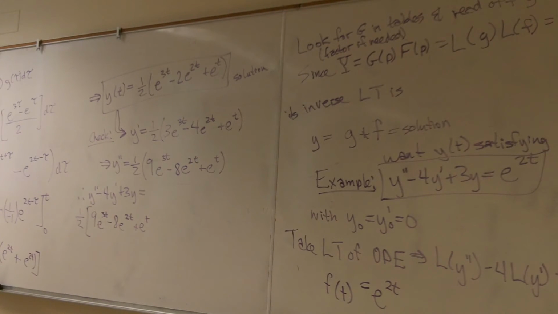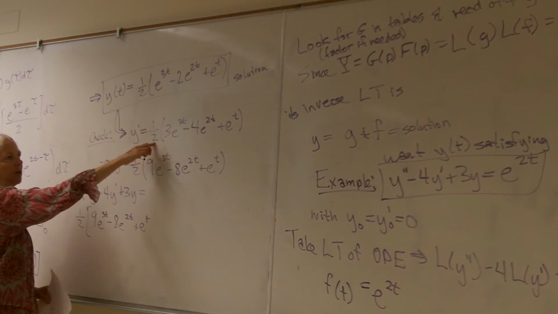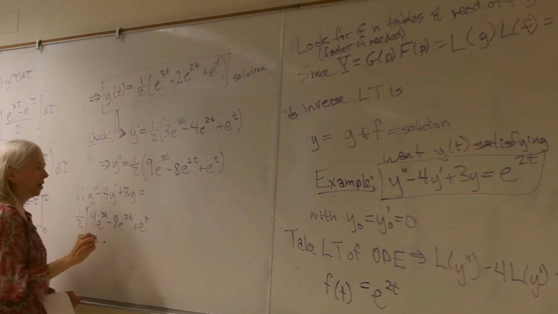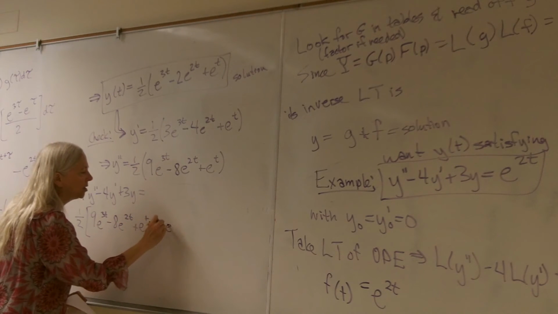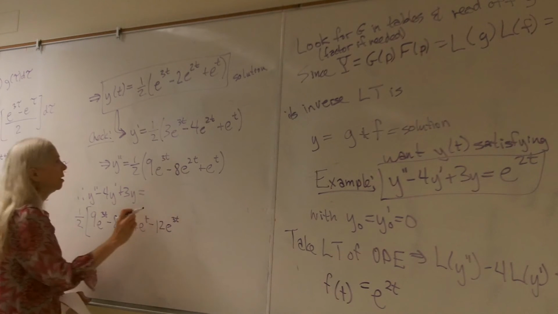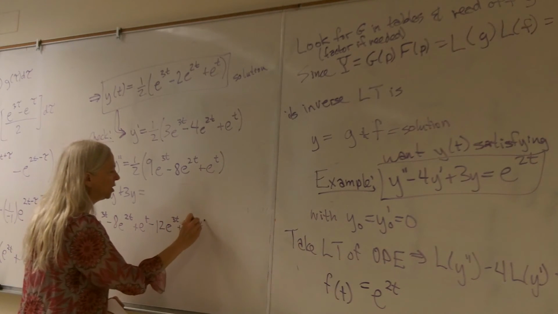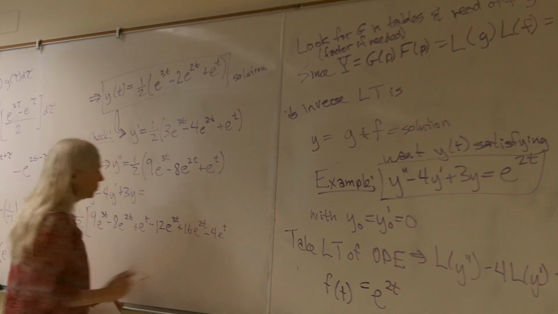And then we have minus 4 times y prime. So minus 4 times this, I've already pulled the 1/2 out in front, so just multiply minus 4 times what's in here. So that gives us a minus 12e to the 3t plus 16e to the 2t minus 4e to the t.